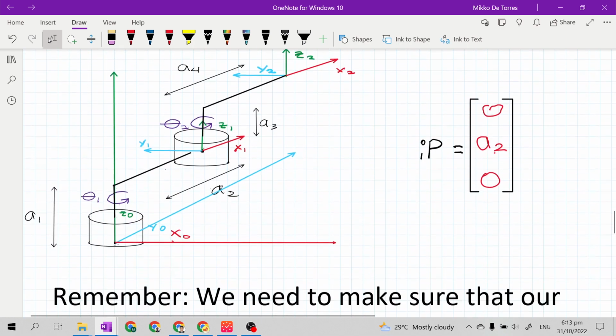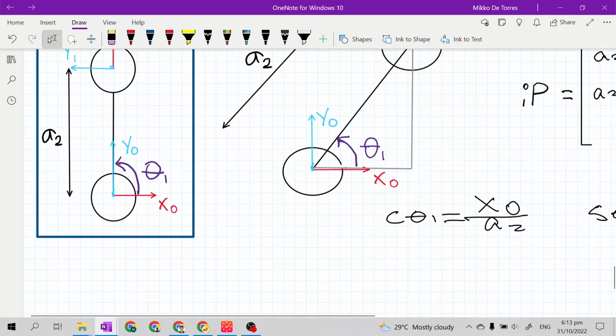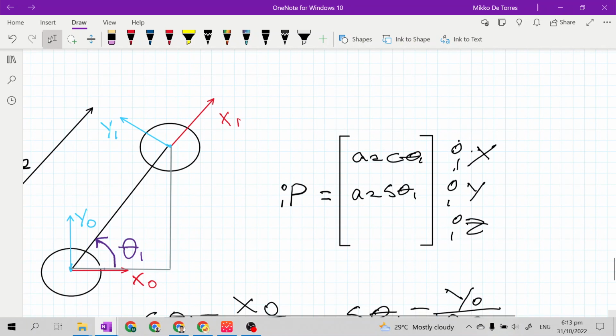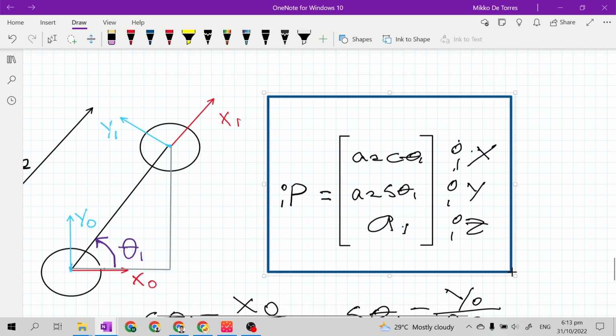So our z coordinate, or our z element, is a sub 1. Okay, so this is our position vector 1.